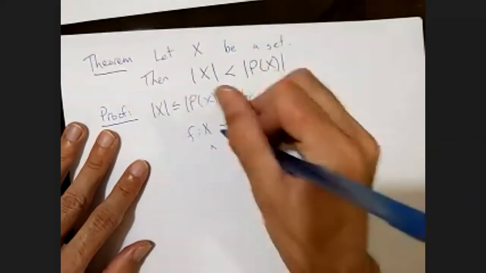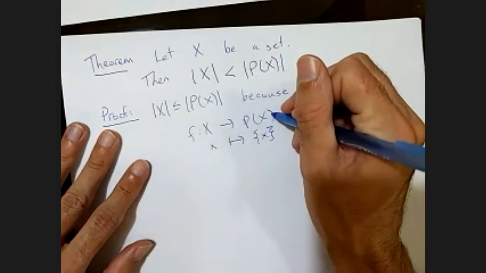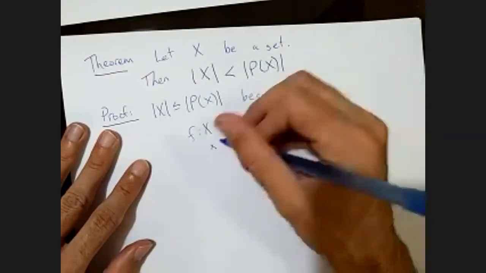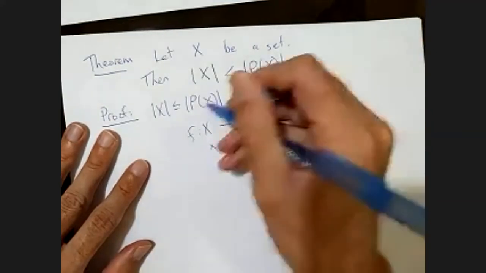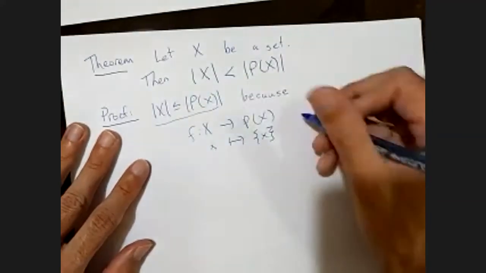That takes an element of X and maps it to a subset of X, and different elements get mapped to different subsets. So it's one-to-one. That proves that we have this inequality.